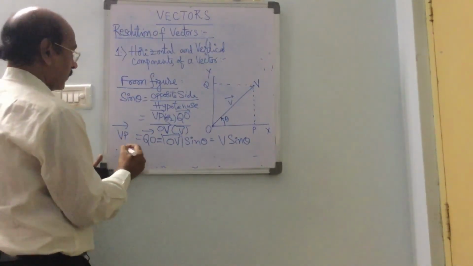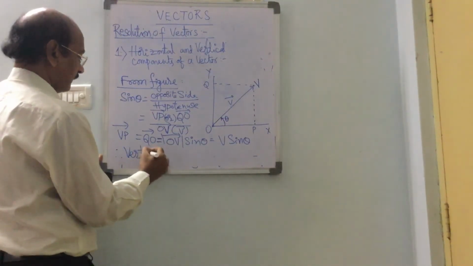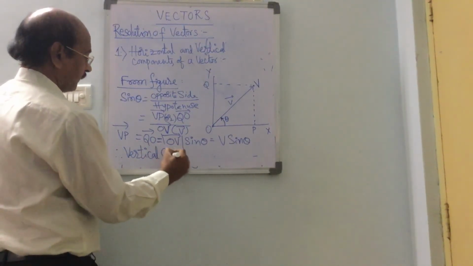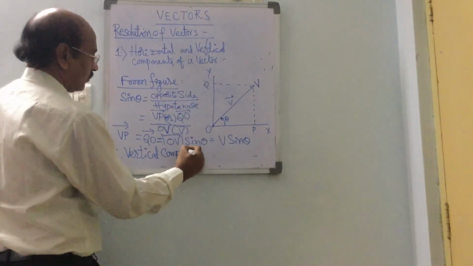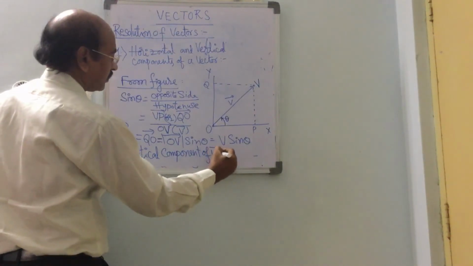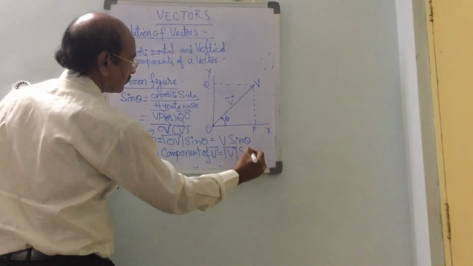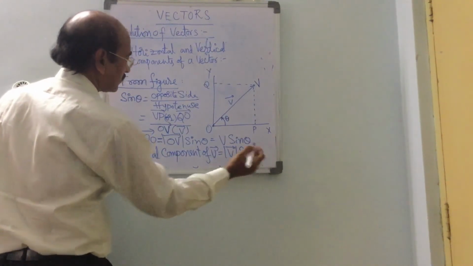So vertical component of velocity V bar is equal to magnitude of V bar into sin theta.